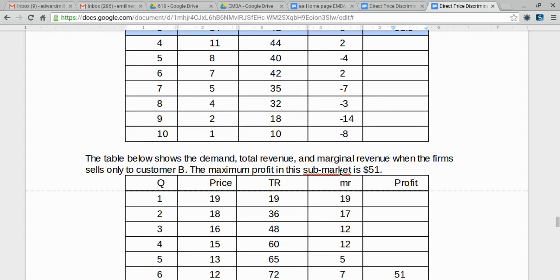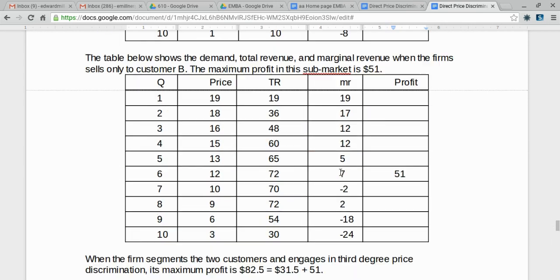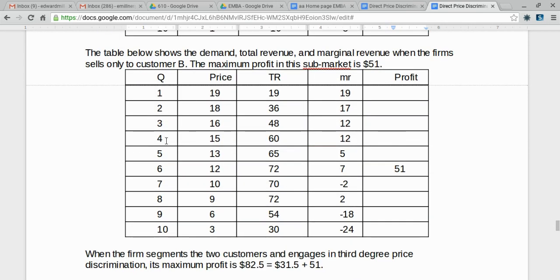A similar process for customer B, we find that the optimal level of output is 6 because the marginal revenue of the first through the 6th unit is higher than 3.5. The marginal revenue of the 7th, 8th, 9th, and 10th units of output is below 3.5.